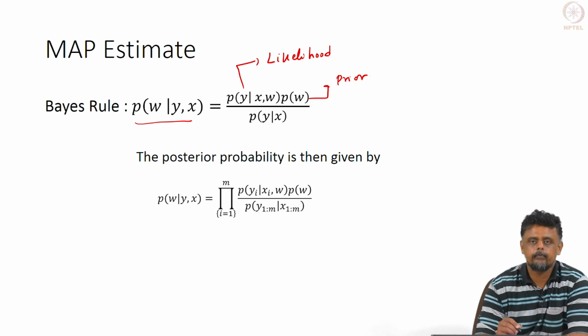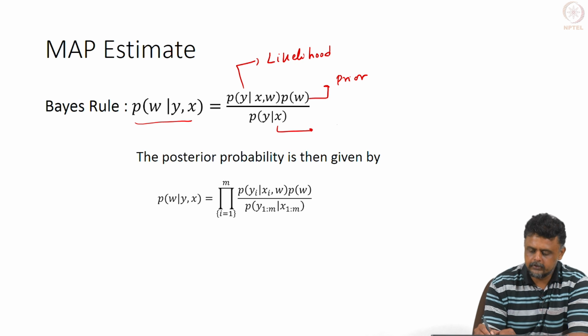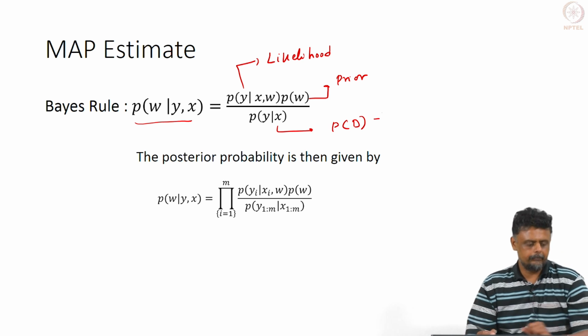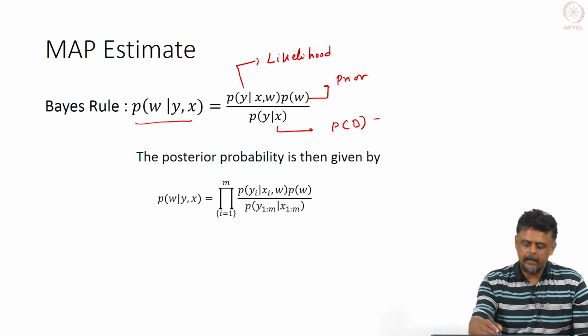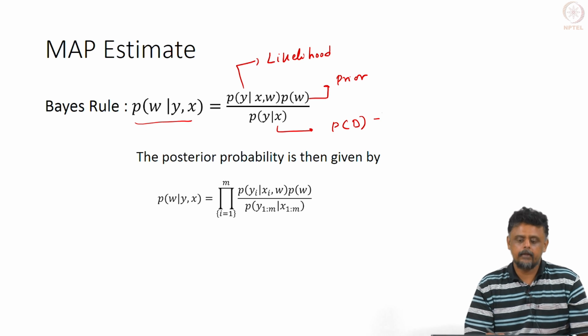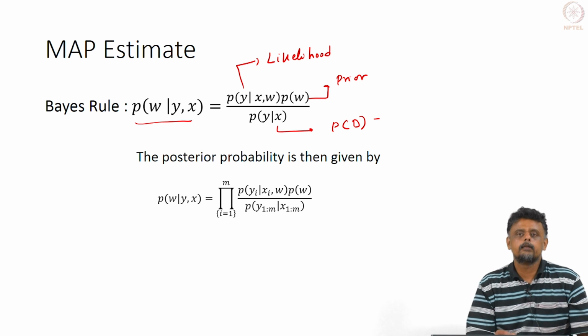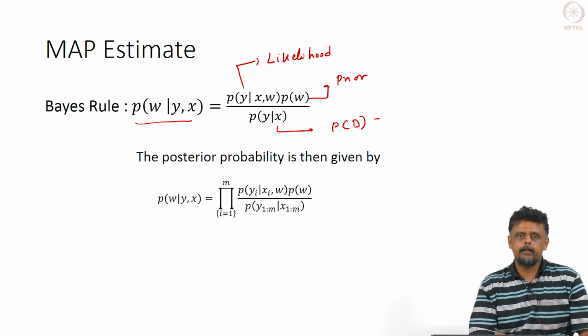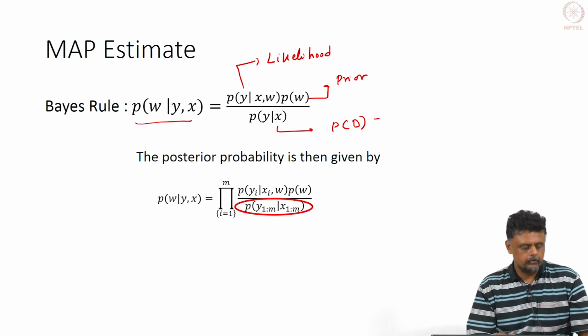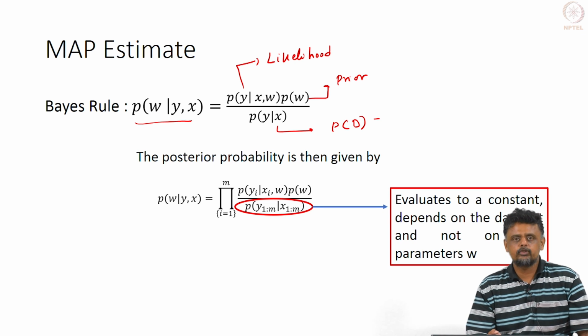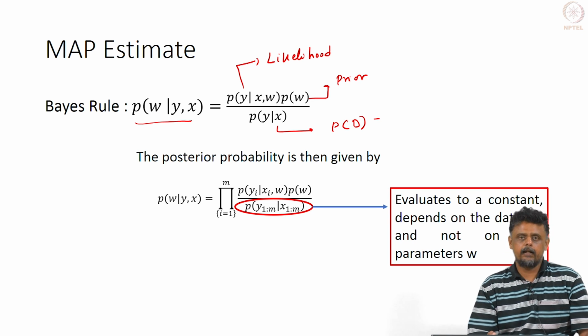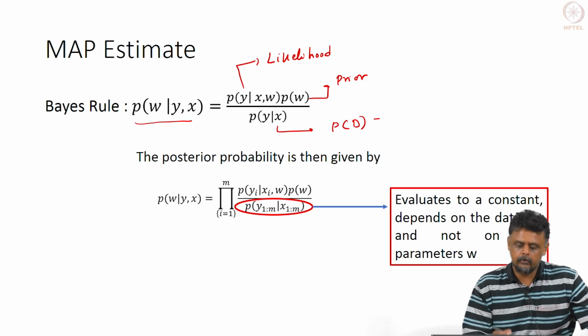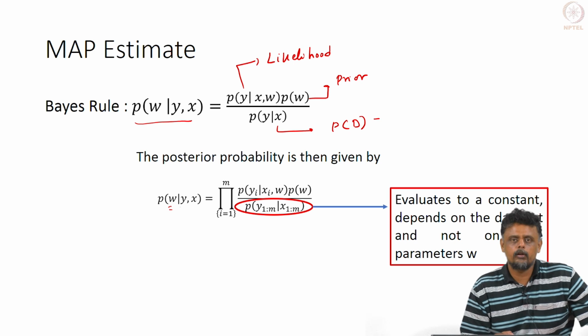The denominator you can call the probability of observing the data, which is a constant. If we expand out the likelihood terms, we once again end up with the product of individual probabilities with a normalization factor, which again evaluates to a constant because it depends on the training data set alone and not on W. So, it has only a scaling impact, and we can always absorb it as a constant.